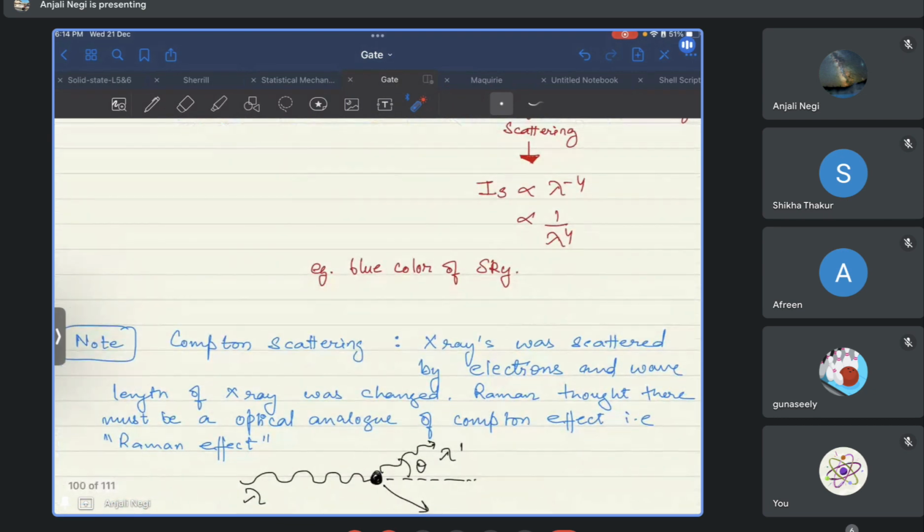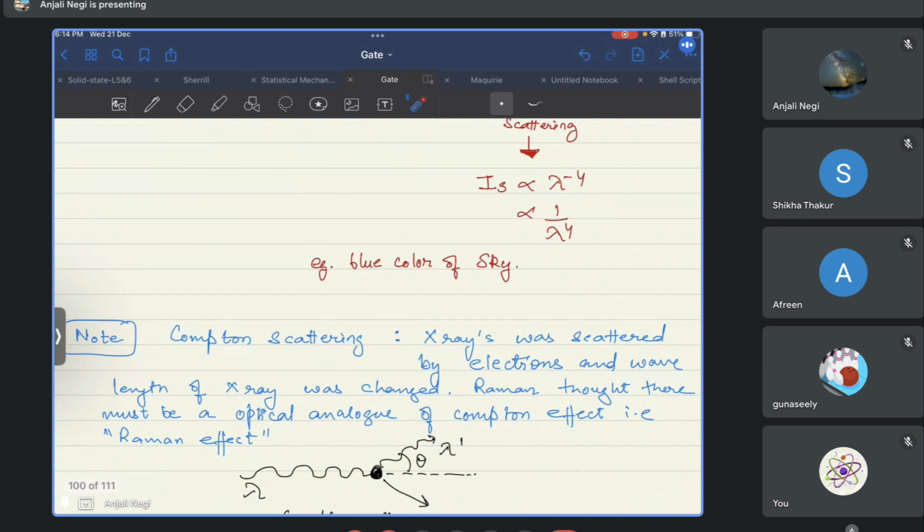Now coming to Raman scattering. Earlier we knew Compton scattering, where X-rays were scattered by electrons and the wavelength of the X-ray was changed. So Raman thought that there must be an optical analog of this Compton effect, which he called the Raman effect.